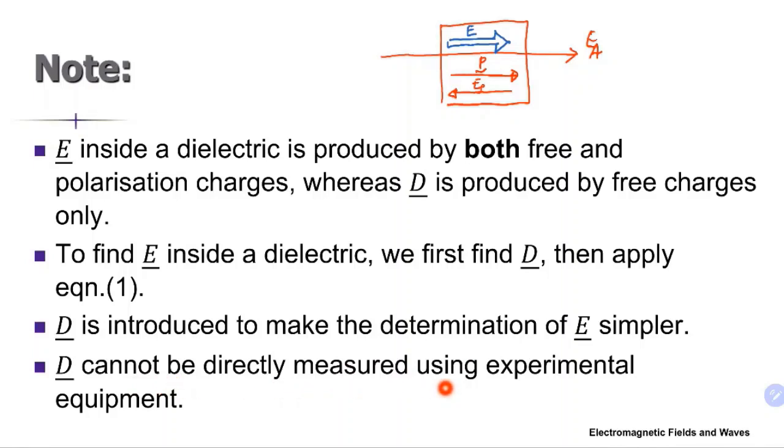So we can't measure the electric flux density. We can measure electric field quite easily, practically, and it has more practical meaning, meaning that we can actually measure it. Whereas the electric flux density, we can't verify that experimentally. It's just a concept introduced.